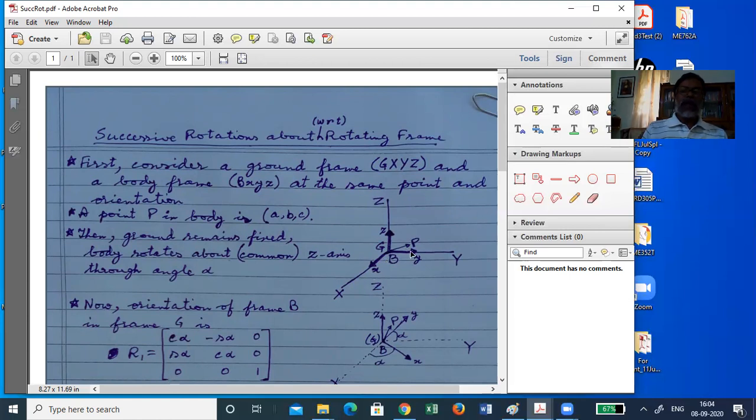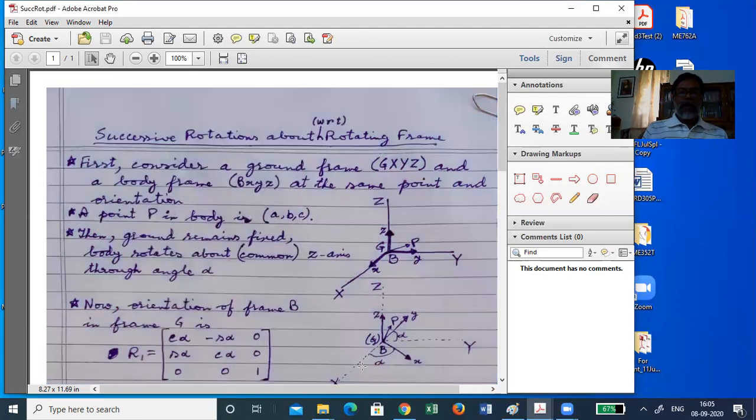And similarly, this one's position, which was earlier 0 1 0, now will become this. Z axis remains the same, so this is 0 0 1 as it is. Now you see the picture here. Dashed lines show the xyz axes of the ground frame, and solid arrows show the xyz directions of the turning frame.